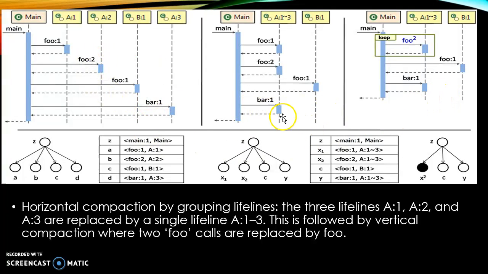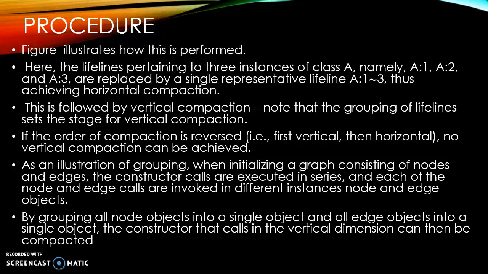A1 to 3. This is followed by vertical compaction, where two FOO calls are replaced by FOO, and the procedure for that is here.